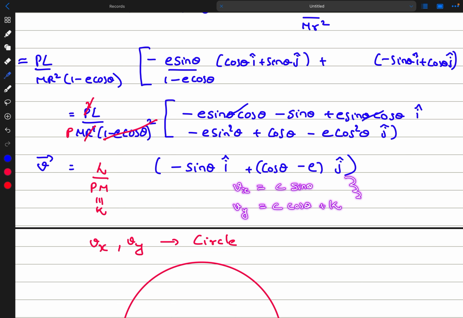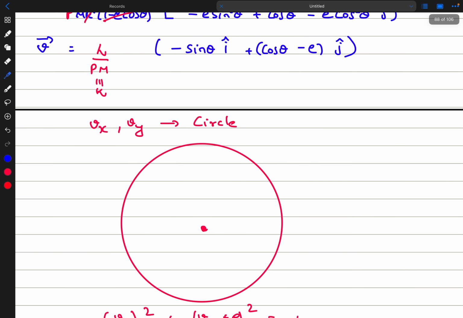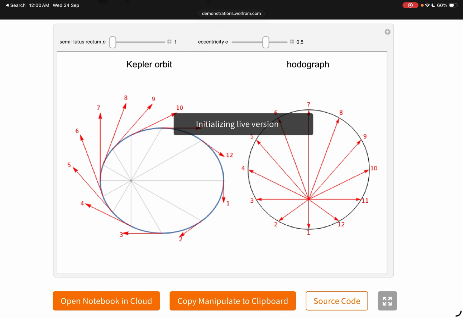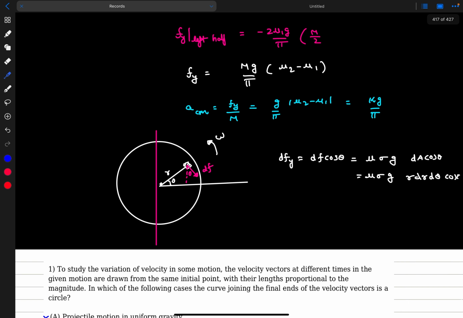And this is basically just an equation of a circle, right? If you take the k to the other side, divide it with c square and add, it's going to be the equation of a circle. So the hodograph in this case is also going to be a circle. So yeah, this is basically how it will look. On the left, we have the elliptical orbit, and on the right, we have the hodograph. Okay, so yeah, that's the solution to the problem. So it's going to be BCD.